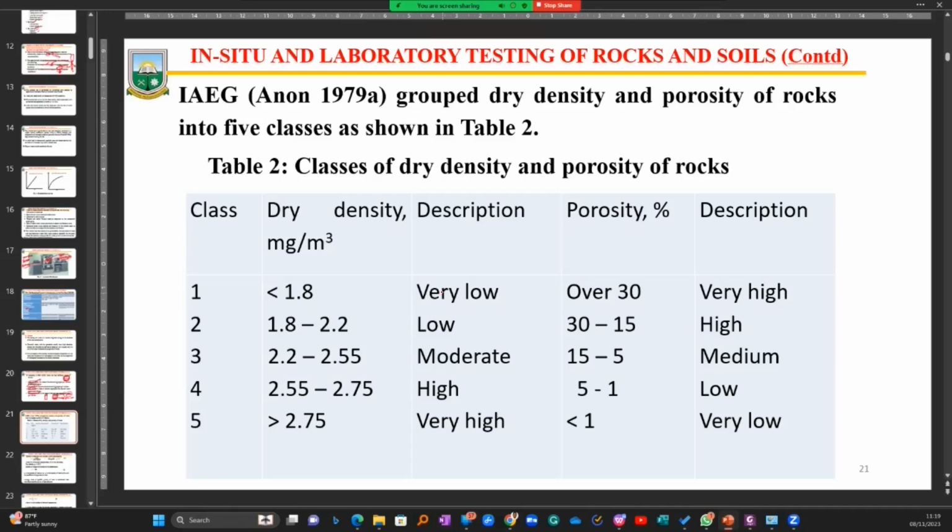So if I have a rock that has a density of less than 1.8 grams, which means it is slightly heavier than water, we would describe the density as low, and it is going to have a very high porosity value.